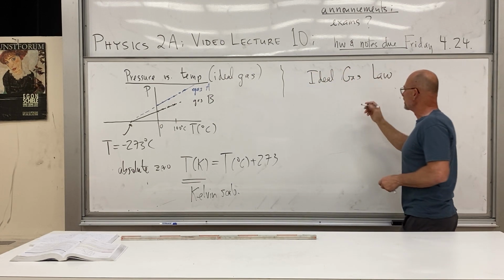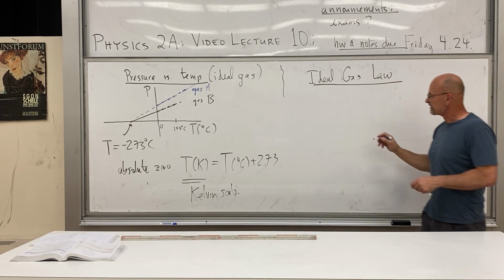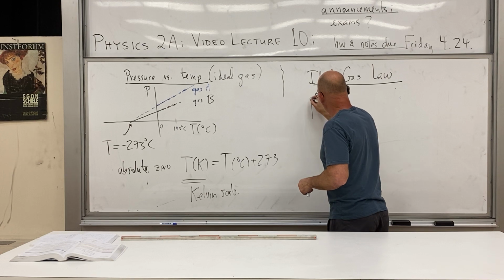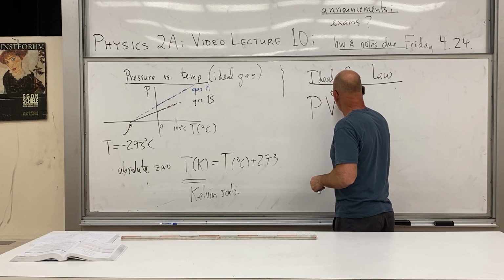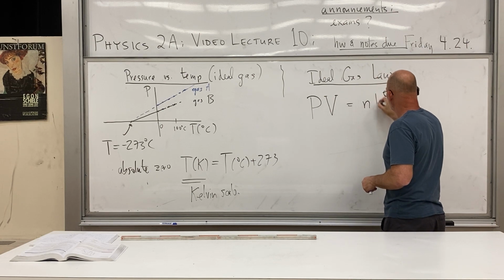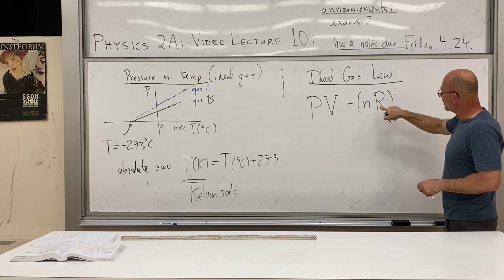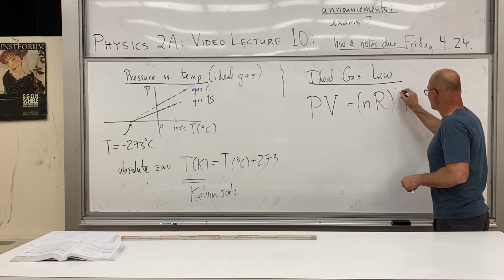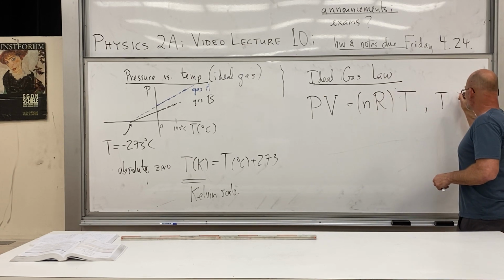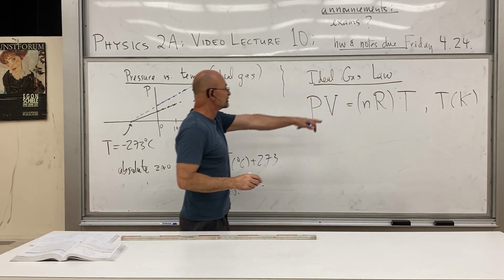So you'll find everything you want to know about it there. What is found is pressure times volume is proportional to temperature. So number of moles, gas constant, and temperature. The temperature has to be measured in the Kelvin scale to have this very simple law.